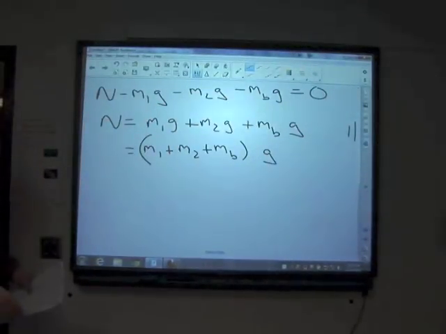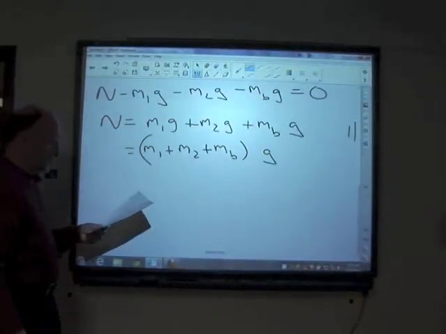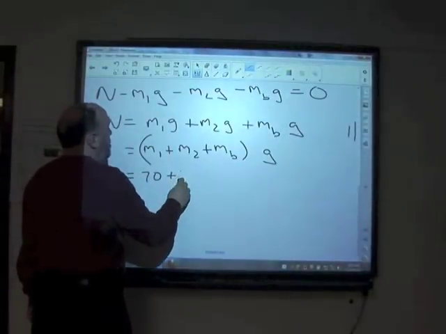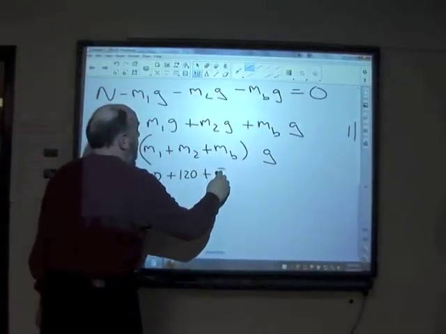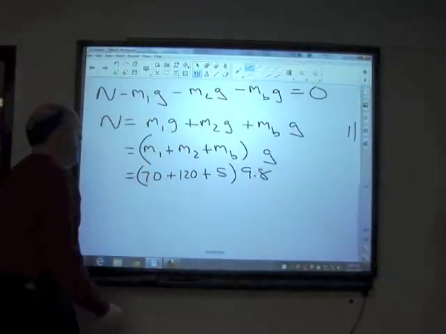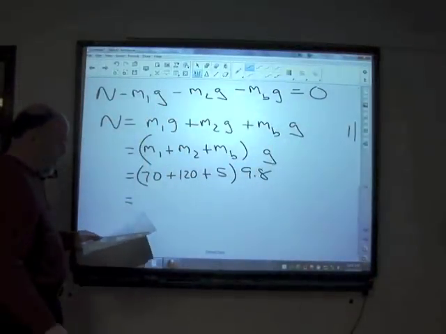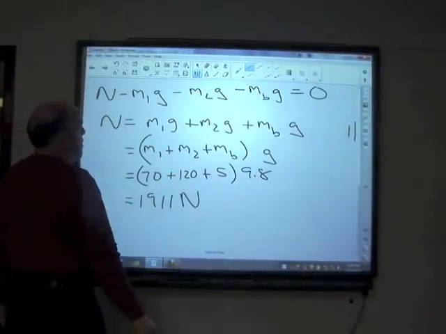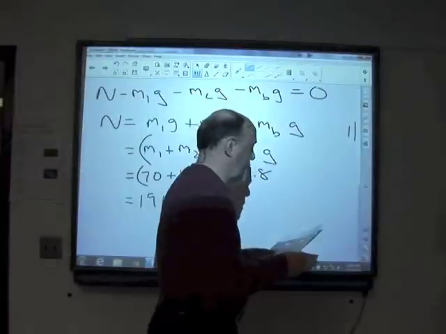So we have all our 3 numbers, and we can find the normal force for the system. So 70 plus 120 plus 5 times 9.8, and this comes out to be 1,911 newtons.